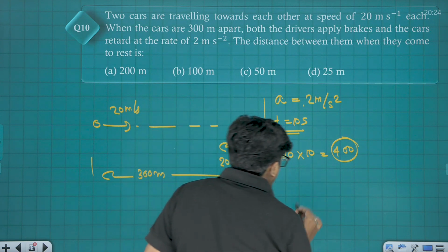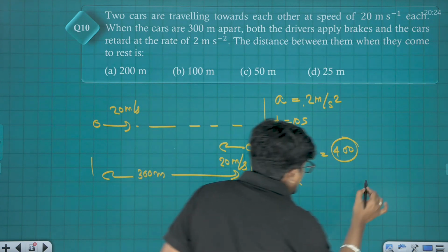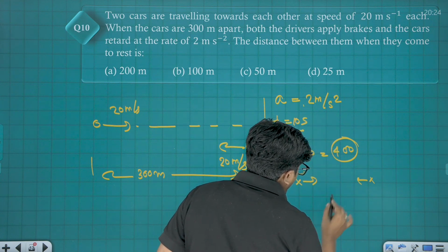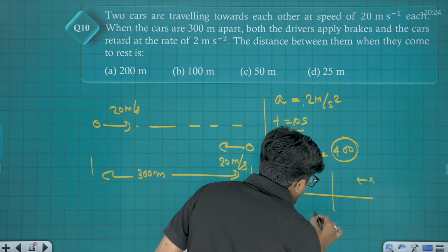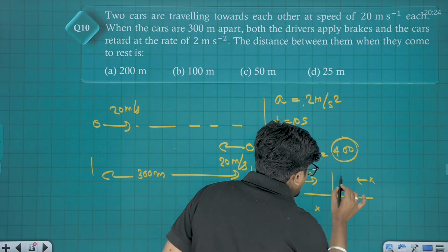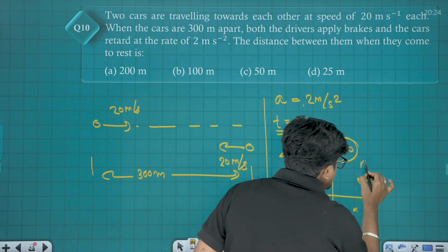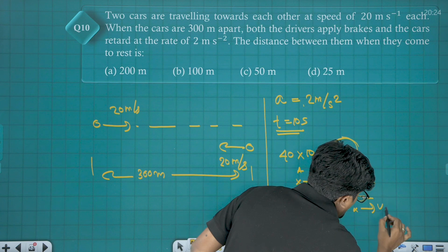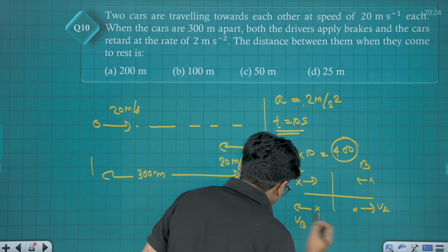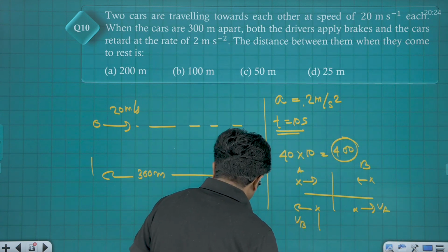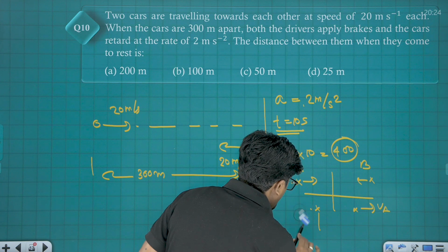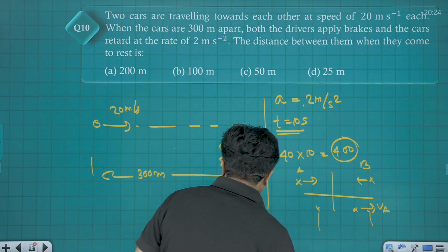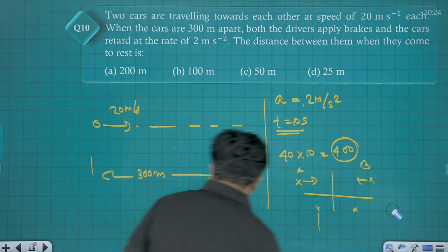Initially they were at a distance of separation of 300, and altogether they are going to cover a distance of 400. If it starts the motion like this, here this is A and here this is B. I'm sorry, I said it wrong, I mean I am talking about the positions.